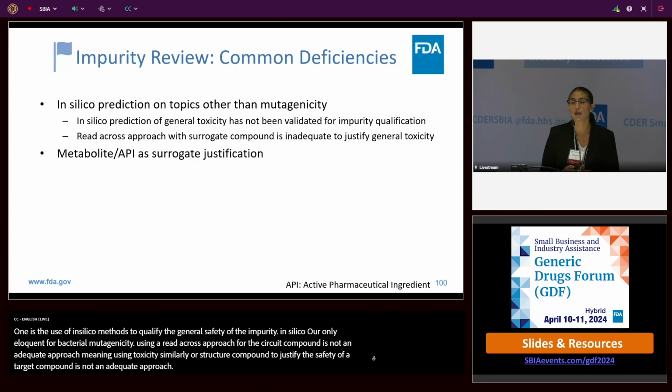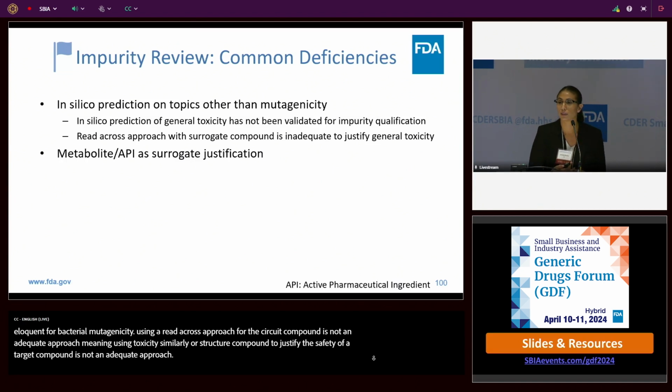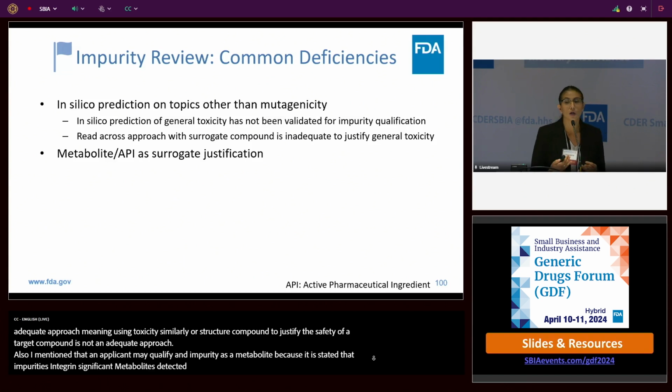Also, I mentioned that an applicant may try and qualify an impurity as a metabolite, and this is because ICH Q3A and Q3B state that impurities and degradants that are also significant metabolites detected in animal or human studies are generally considered qualified.